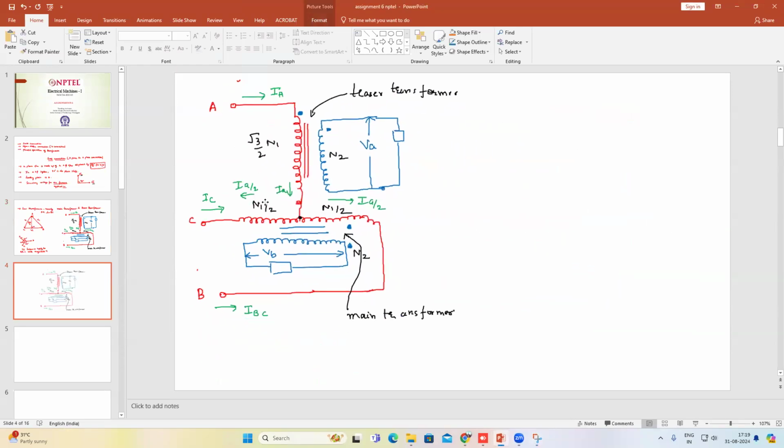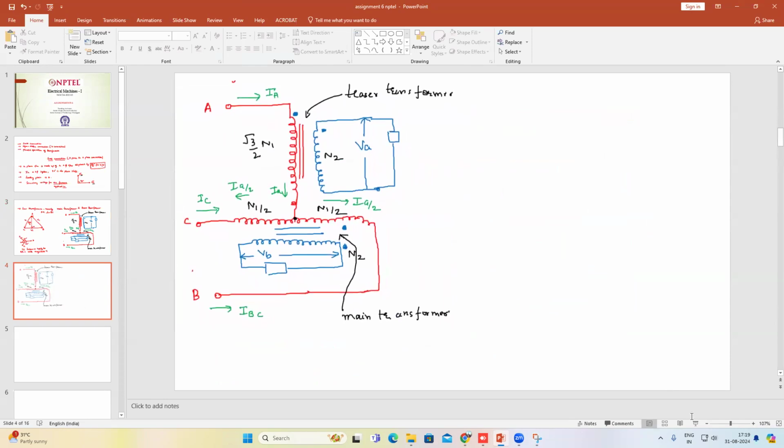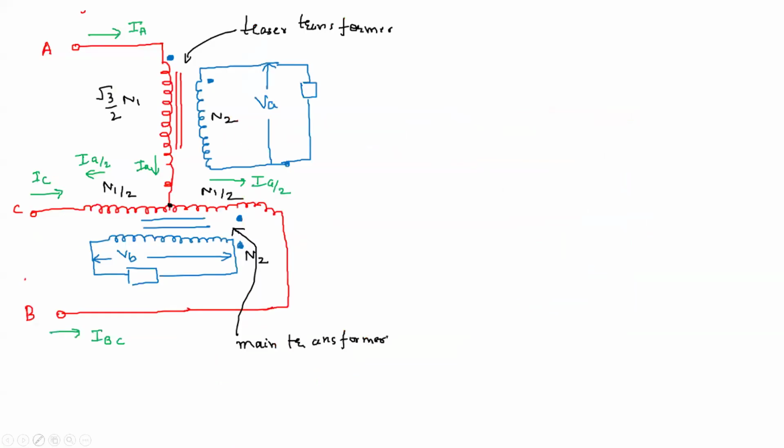So now let us derive some of the things. Here we will be deriving the number of turns, which is why I took root 3 by 2 N1, not N1. So let us see now.